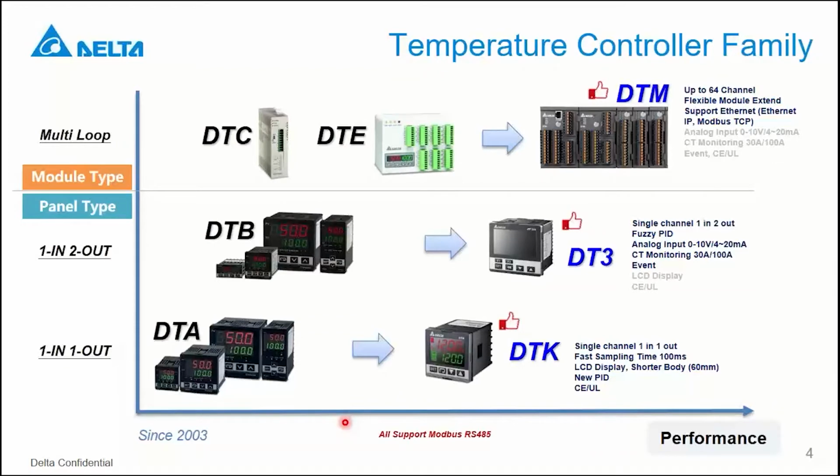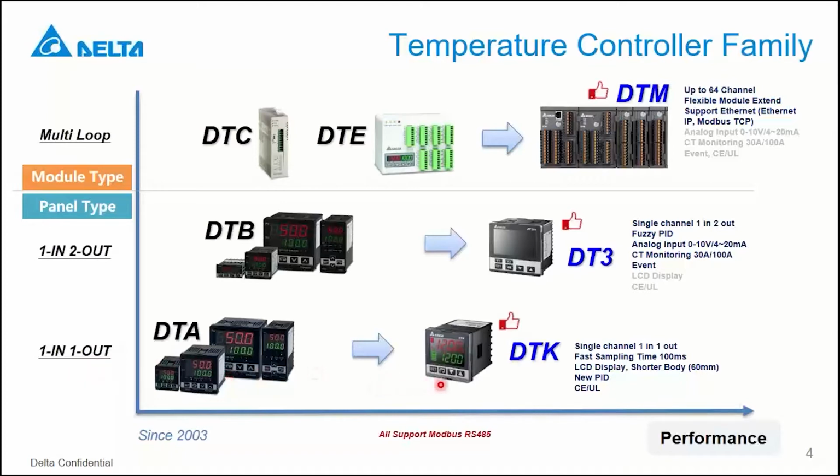Next is the Delta temperature controller family. Here I put all the products. You can see we start from 2003, from the DTM series. This is a panel mount series, with one input and one output. What does that mean? One sensor input and one output, normally to a heater to control the heating.